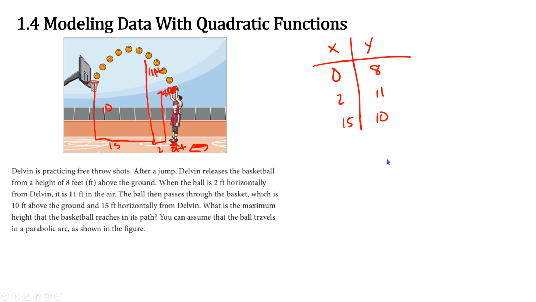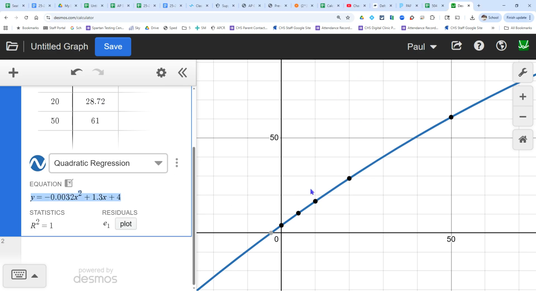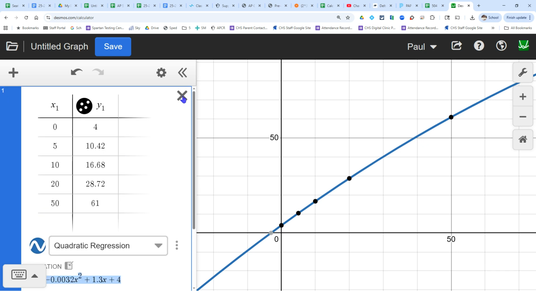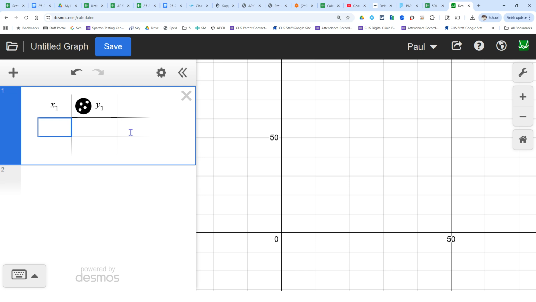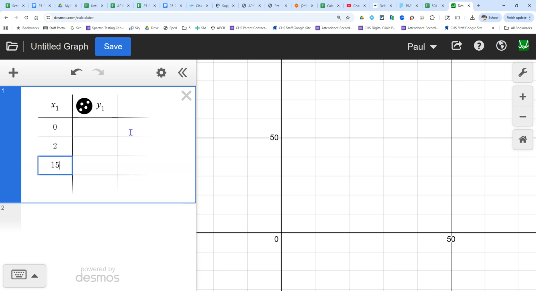So we're just taking this to Desmos again. Let's insert our table, and now we're talking 0, 2, 15 and 8, 11, 10.